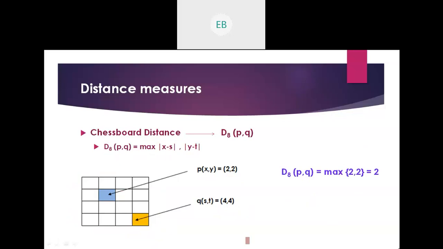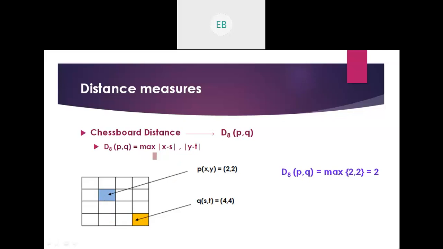Again, we consider this image, and we know the values. Suppose we want to go from p to q. How will we do this? Again we calculate this distance and this distance, but this is different from the city block distance in the sense that after calculating the distance between the adjacent pixels, we see which has the maximum value.